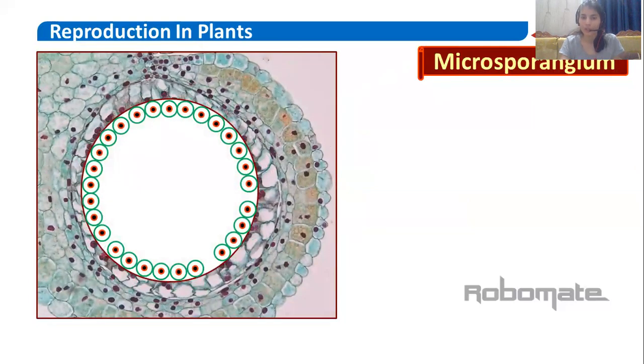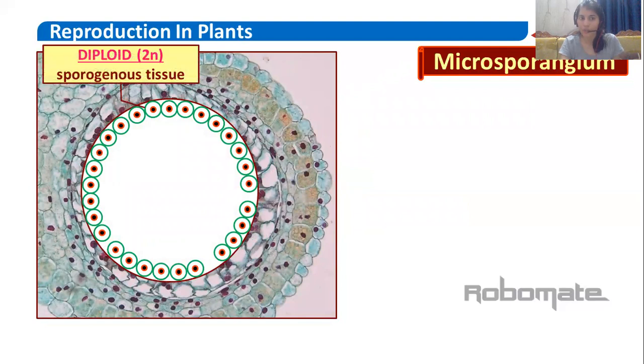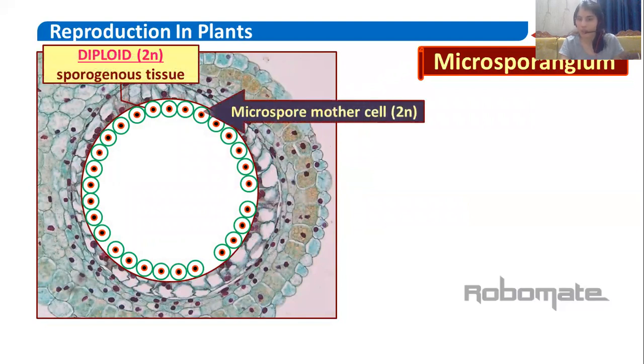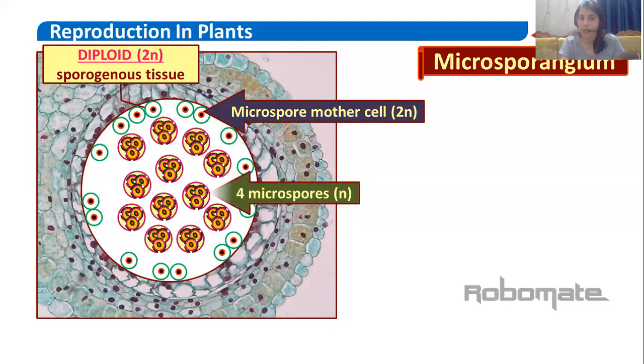Now we are going to discuss this microsporangium. Here we have sporogenous tissue that is diploid, and each cell is a microspore mother cell that is also diploid. These are going to produce tetrahedral structures.